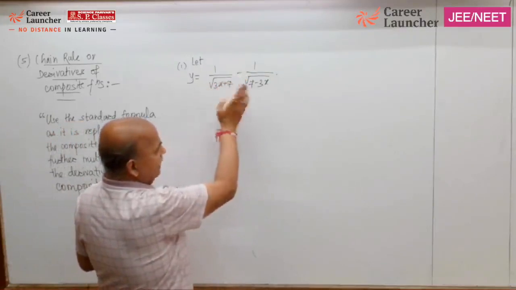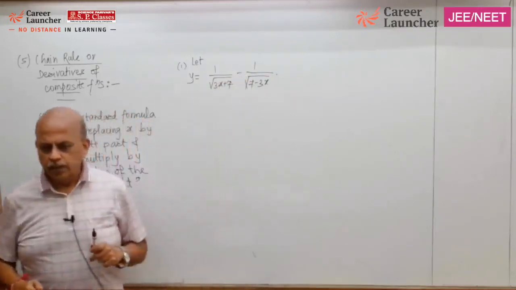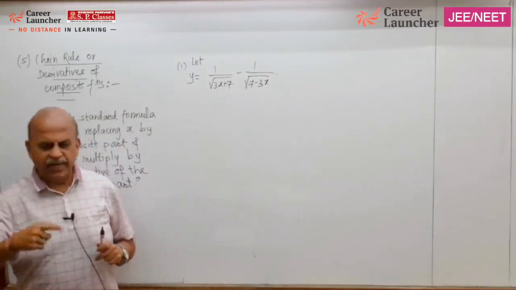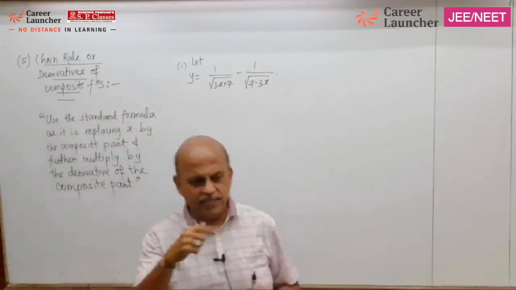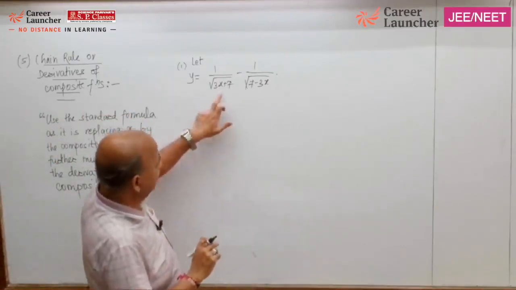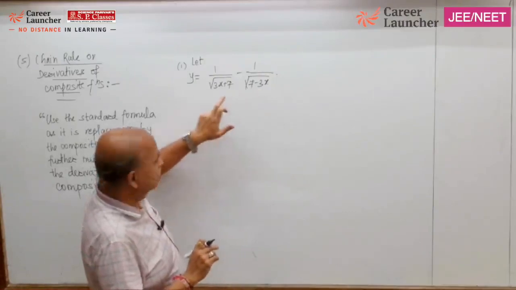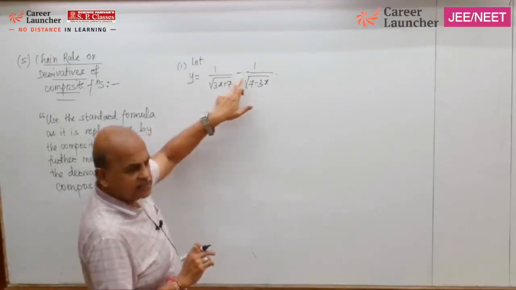So will it not be basically the u minus v rule? If y is equal to u minus v, everyone knows dy by dx is du by dx minus dv by dx, correct? So here also du by dx and dv by dx. We will find the derivative of this first and then the derivative of this with a minus sign in between.